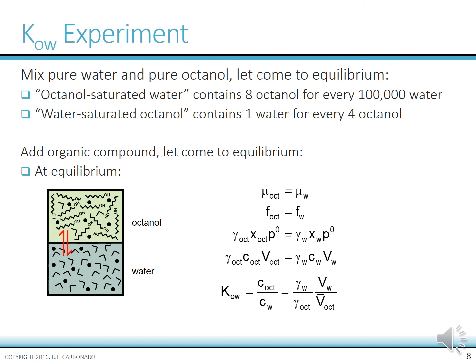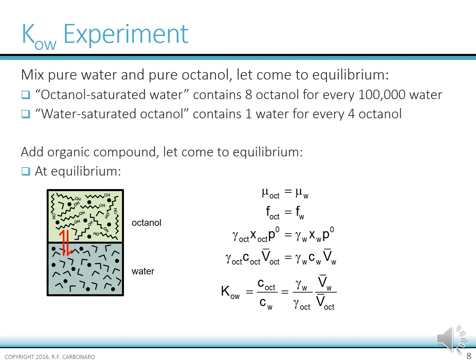So C octanol over C water. And this is very similar to how we do Henry's law, where we look at KH as being the partial pressure divided by the concentration in water. Here, instead, it's the concentration in octanol divided by the concentration in water. So that's how we define our KOW.